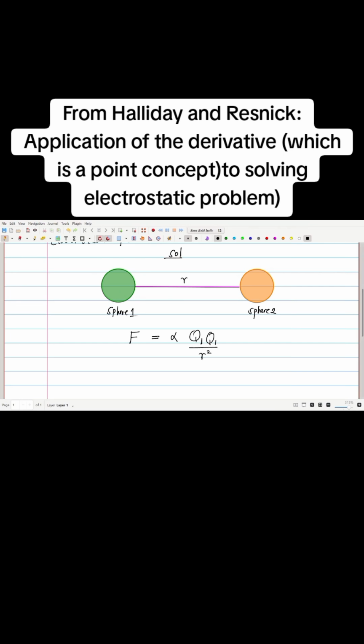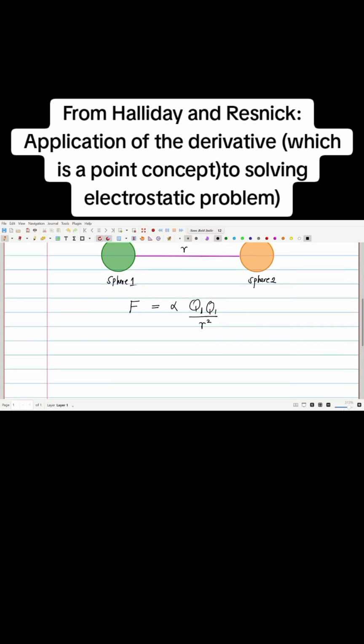So this statement of proportionality implies we have F equals K Q1 Q2 over r squared, where K is a constant of proportionality.